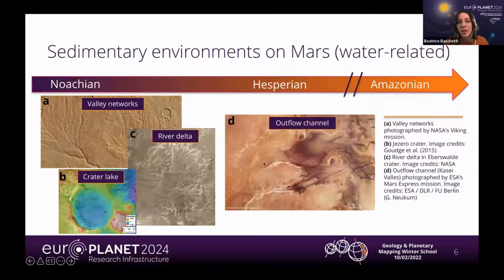During the Hesperian, since the environment started to become more water limited, we no longer have these features, but we have, for example, outflow channels that are indicative of violent floods, sudden water discharges, but they were more episodic.